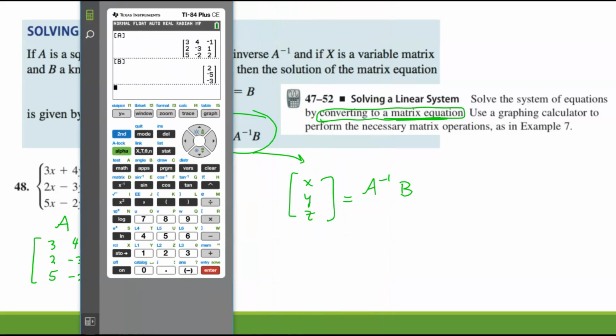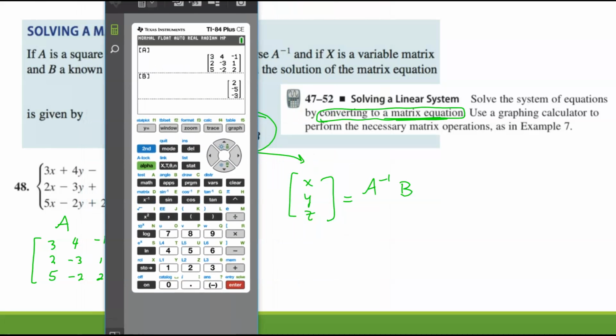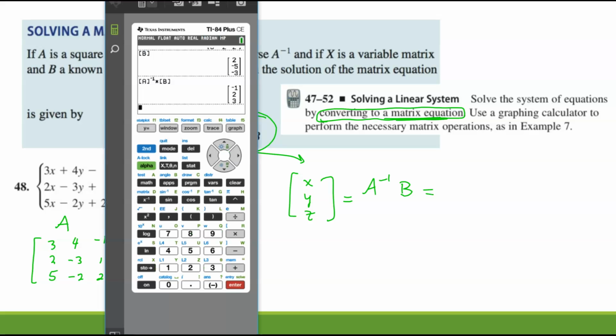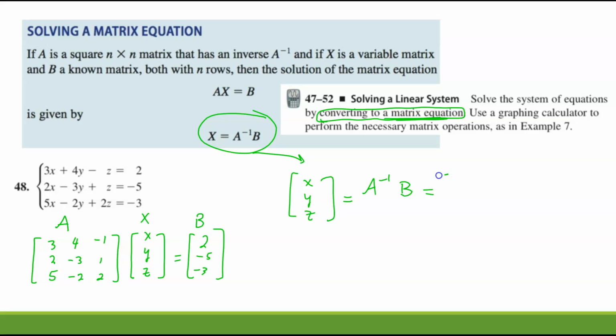So now if I want to convert and solve the matrix equation, then I'm going to take matrix A inverse times matrix B. That is equal to negative 1, 2, 3. So that tells us x is equal to negative 1, y is equal to 2, z equals 3.